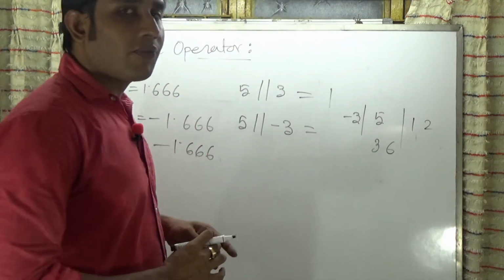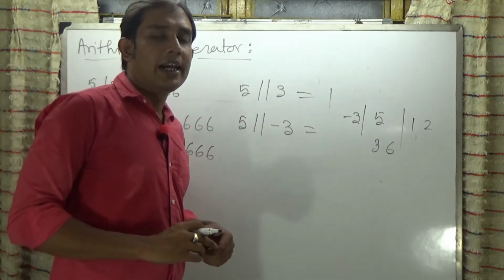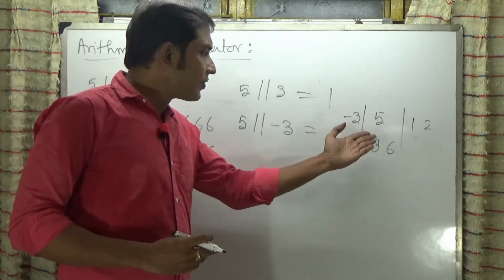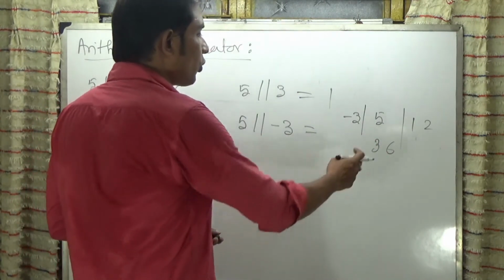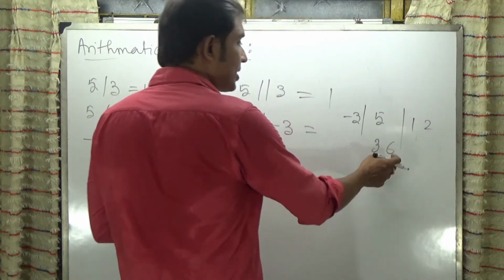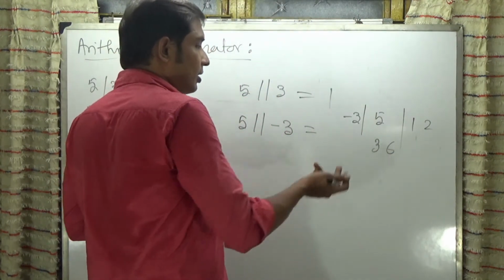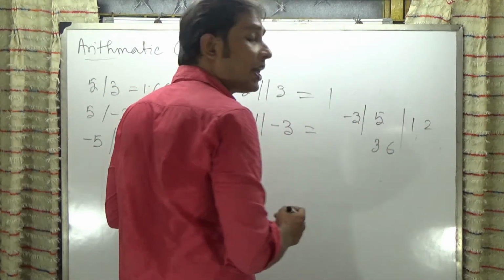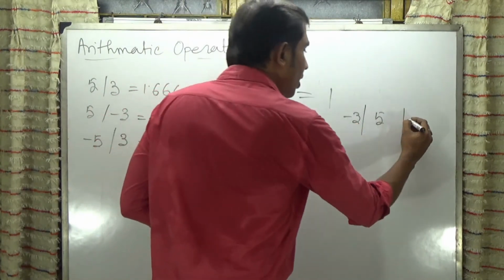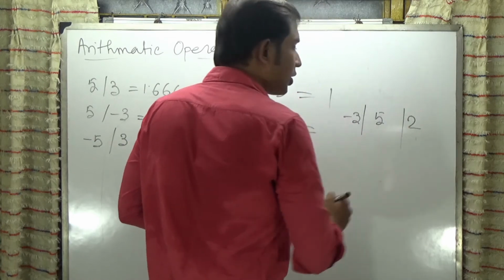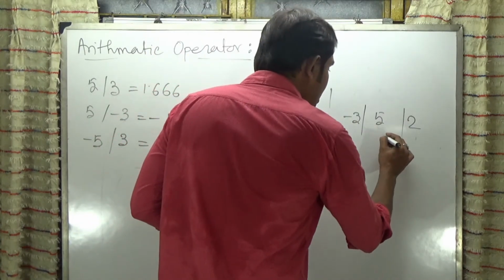But in the case of the floor division operator, it always gives the higher value. So 3 is smaller than 5, but 6 is bigger than 5. So it is going to multiply by 2, and the result will be 6.